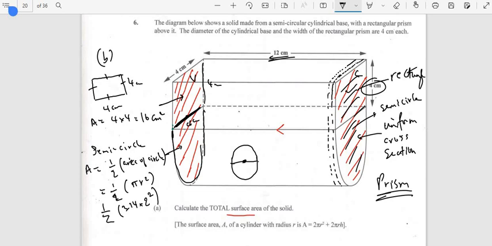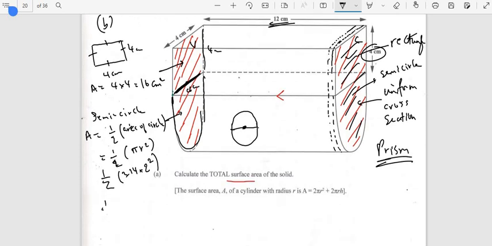So what we're going to get is half of 3.14 times 4. Using our calculator, we have half being 0.5 times 3.14 times 4. And that's going to be 6.28 square centimeters.